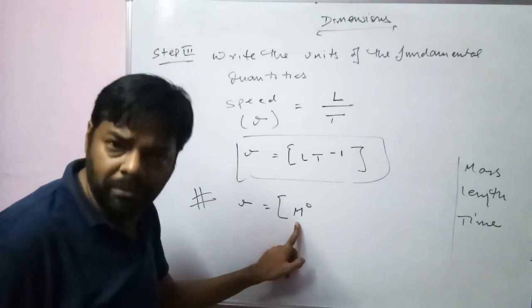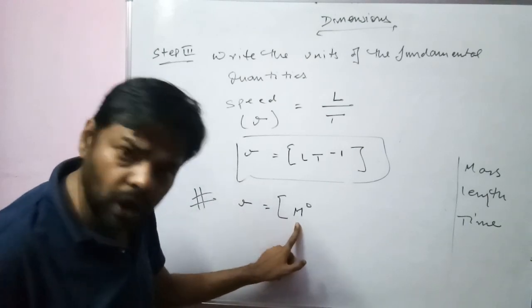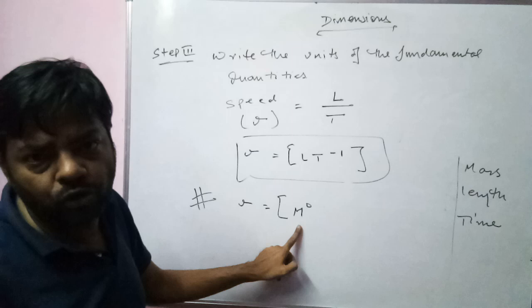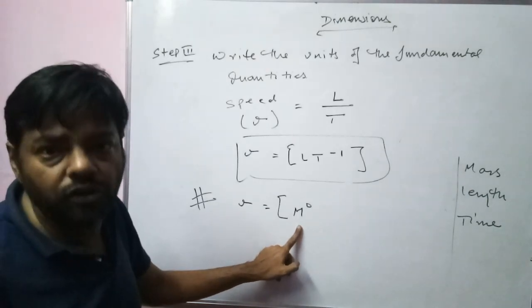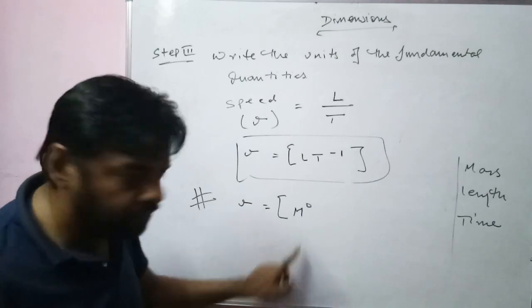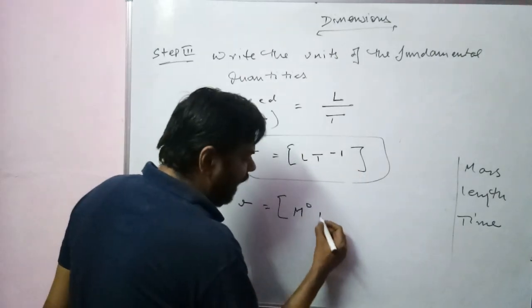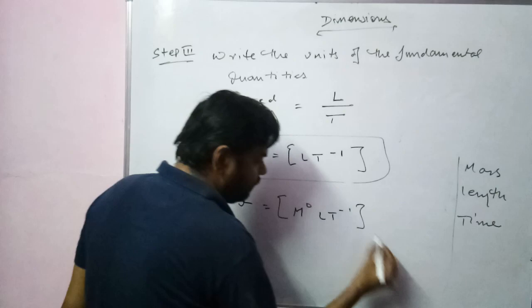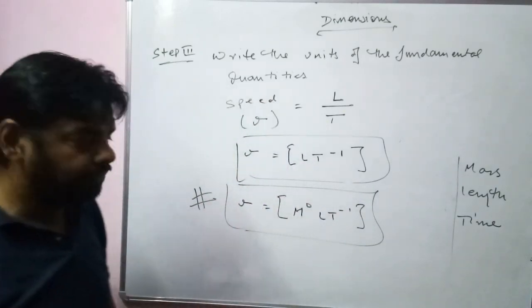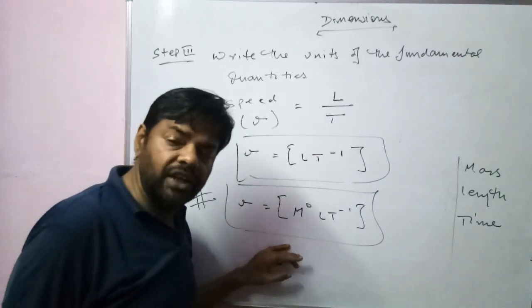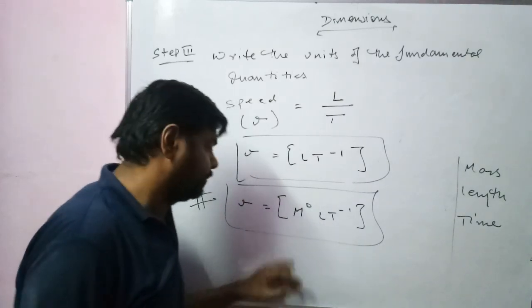So I am putting M raised to power 0 over here. Why? Because the calculation of speed does not depend on the mass of the body. Clear? And the rest is written as it is, LT^-1.